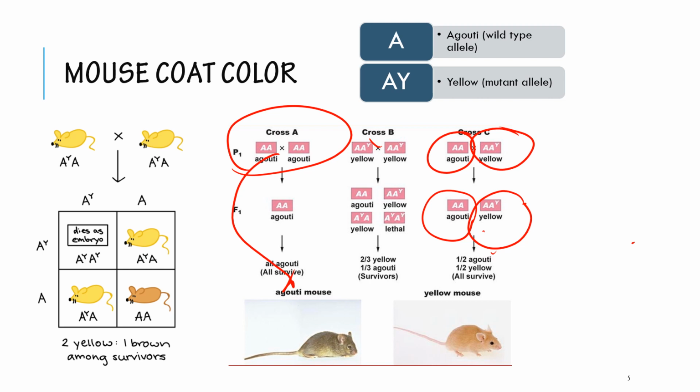But when you cross two yellow mice, only 2/3 of the yellow will survive and 1/3 will be agouti, and they are survivors. Why is this? Because, class, you do not count the dead in your phenotypic ratio. So when there are dead offspring, you don't include them in your phenotypic ratio.